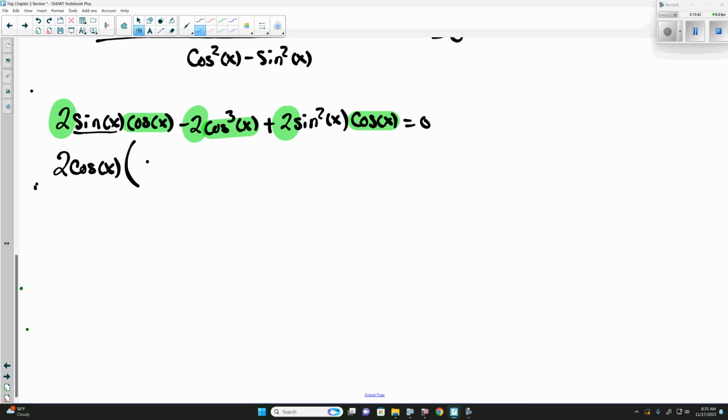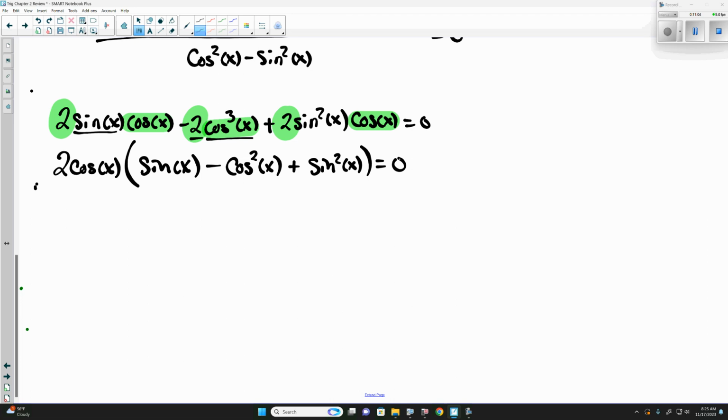Because if we factor it from the first term, we're just left with sine of x minus, I take 2 cosine away from this, we just have cosine squared of x, plus 2's gone, cosine's gone, sine squared of x is equal to 0.